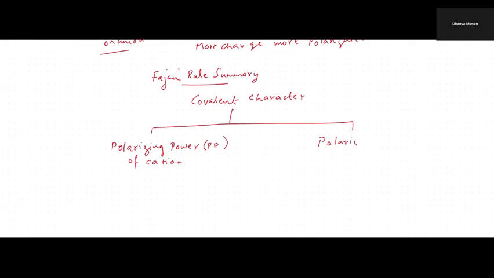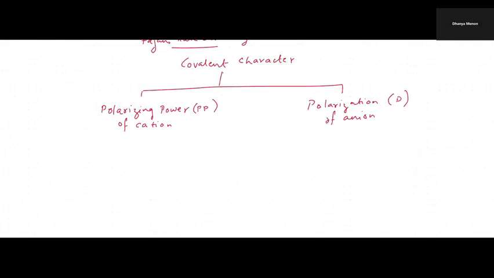I denote it with P, right? So how much covalent character is there in an ionic bond depends upon the cation as well as the anion. For cation, it's the polarizing power, how much it can deform the electron cloud. Polarization is how much the electron cloud gets deformed for the anion.